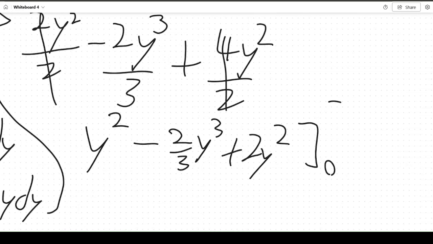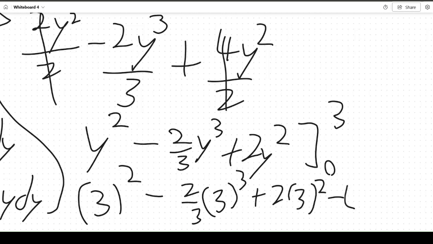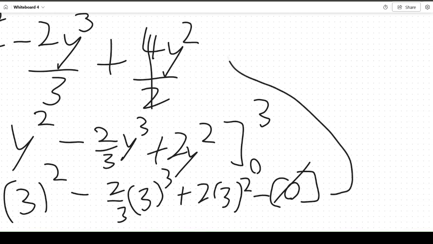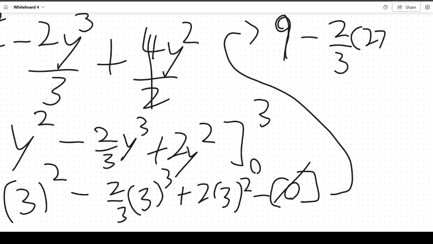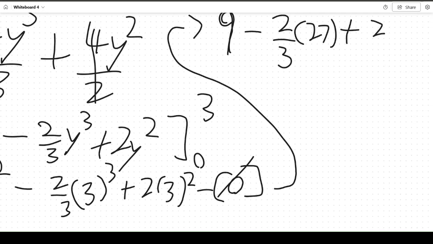Now we have to plug in our values. This will cancel to 0, and 9 minus 2 over 3. 3 to the power of 3 is 27, plus 2 times 9.